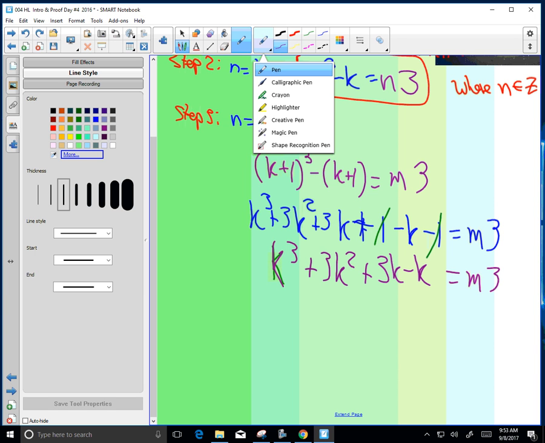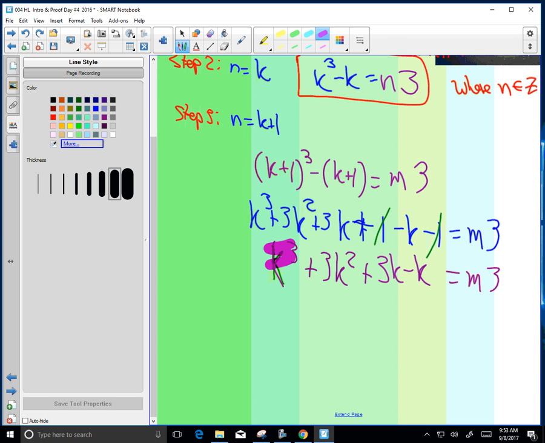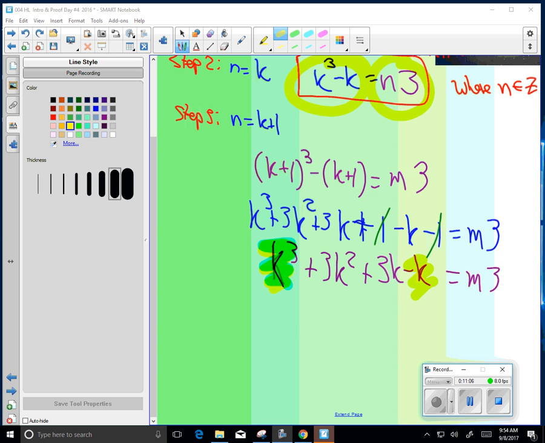And now I'm going to highlight something. Whoop, that's called crossing out. Let's highlight. That doesn't work. And that doesn't work. That's okay. I'm highlighting that. Turn to your neighbor. Tell him what that's going to enable me to do. What's k cubed minus k is we can substitute for n times 3.